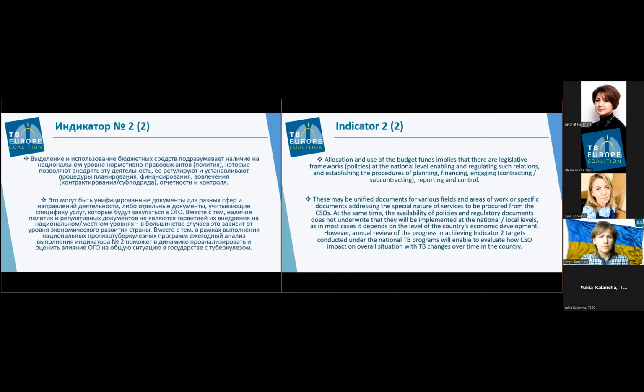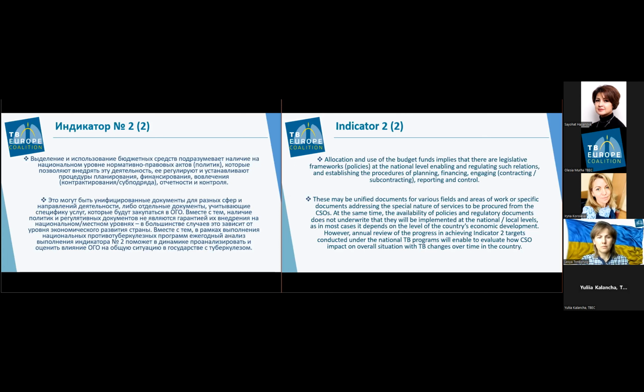Next slide, please. And when we talk about the funding for the state budget funds, we understand that allocation and use of the budget funds implies that there are a legislative framework on the national level enabling and regulating such relations and establishing the procedures. We understand here that it is aimed at the procedures that are related to the planning, financing, contracting or subcontracting, reporting and control.